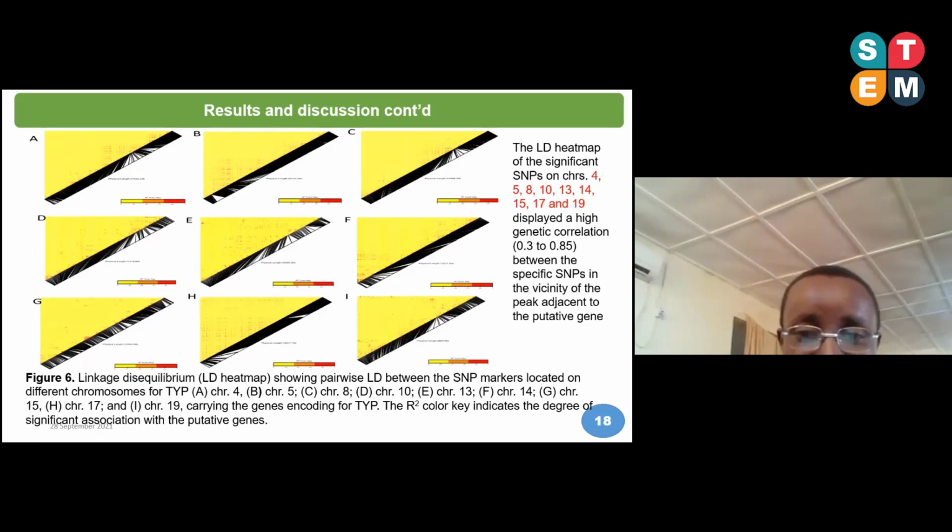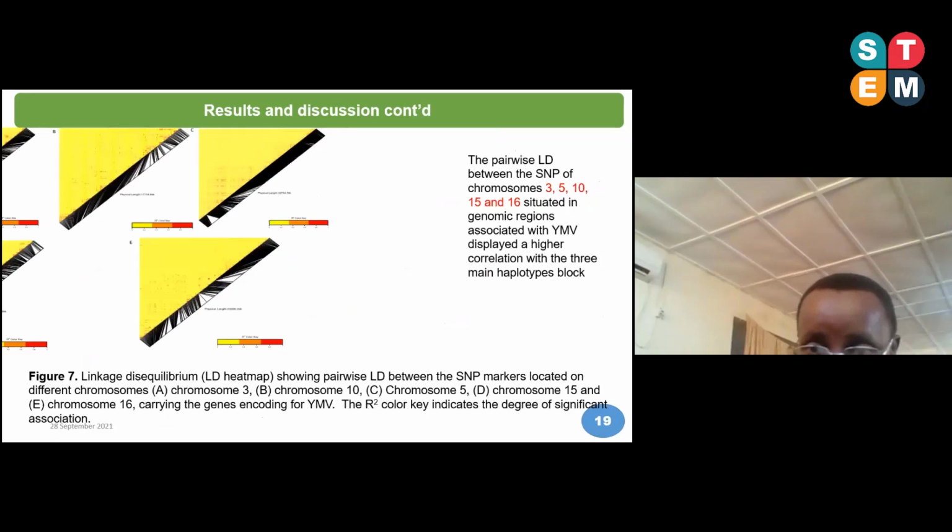So actually putative genes were identified whose functions have been reported in some crop species, and that will actually help in further analysis or studies of the genetic architecture of even yam.